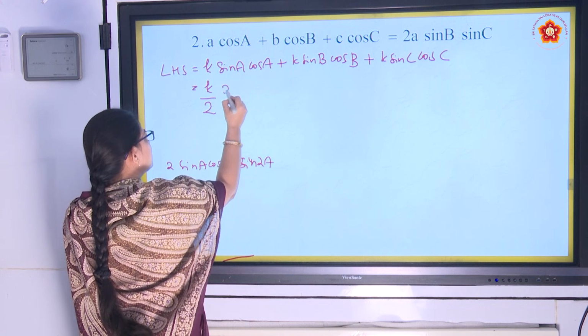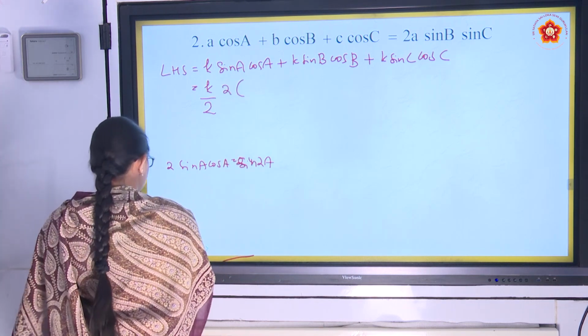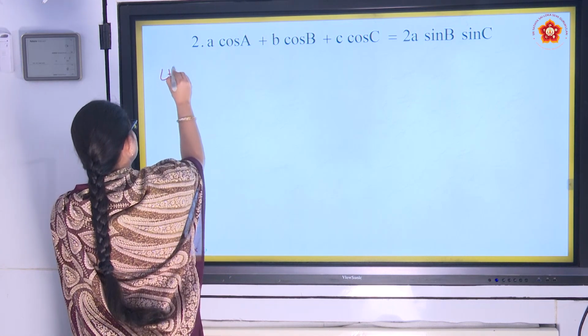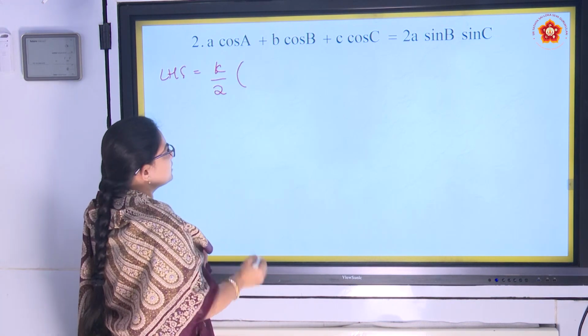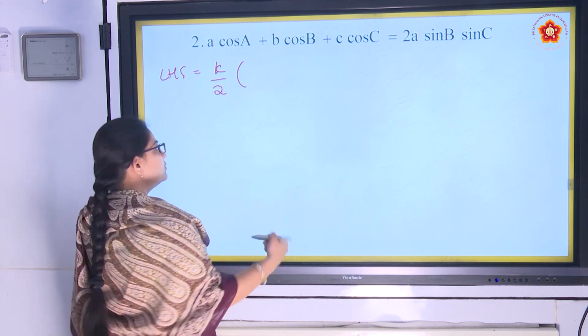So I am multiplying for all the terms. So we have the left hand side, that is k by 2 into, for all the terms I am multiplying by 2.